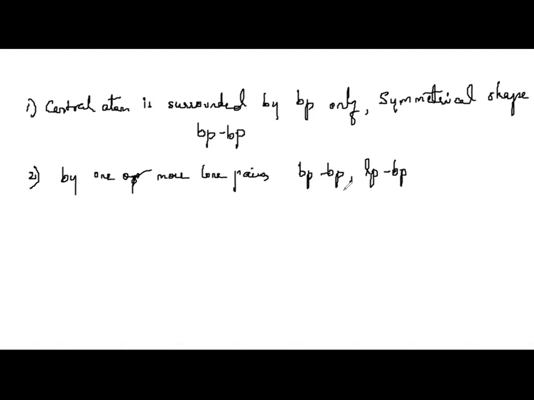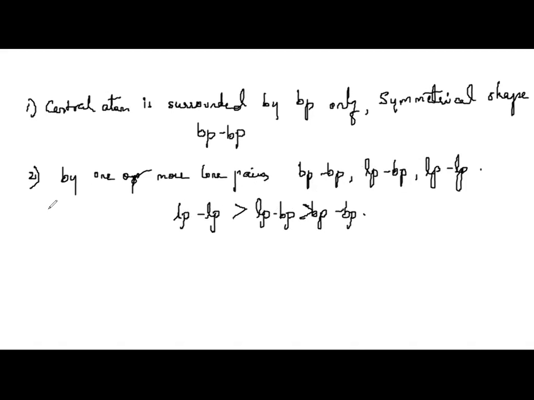And if there is more than one lone pair, there will be lone pair repulsions also. The lone pairs also might get repelled. The relative order of repulsion: lone pair repulsions are much stronger than lone pair-bond pair repulsions, which are much stronger than bond pair repulsions. Now you may ask, why is it so?